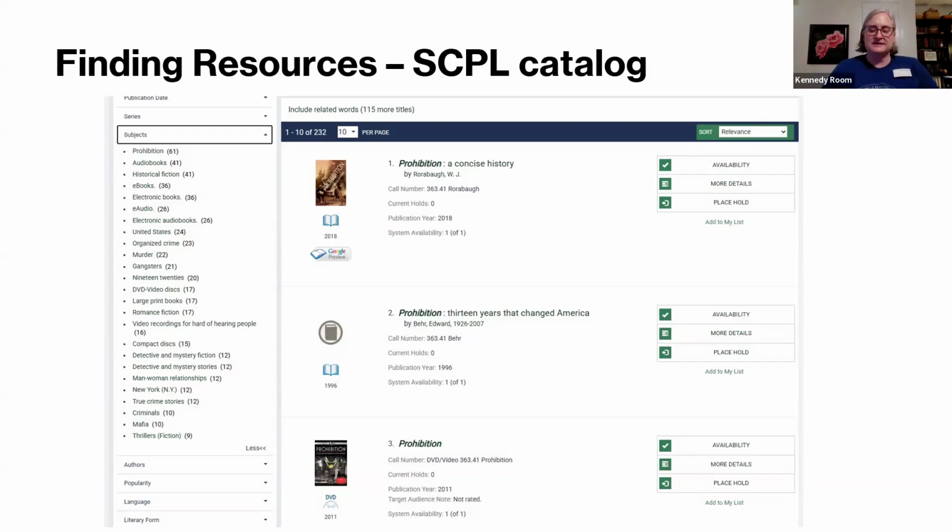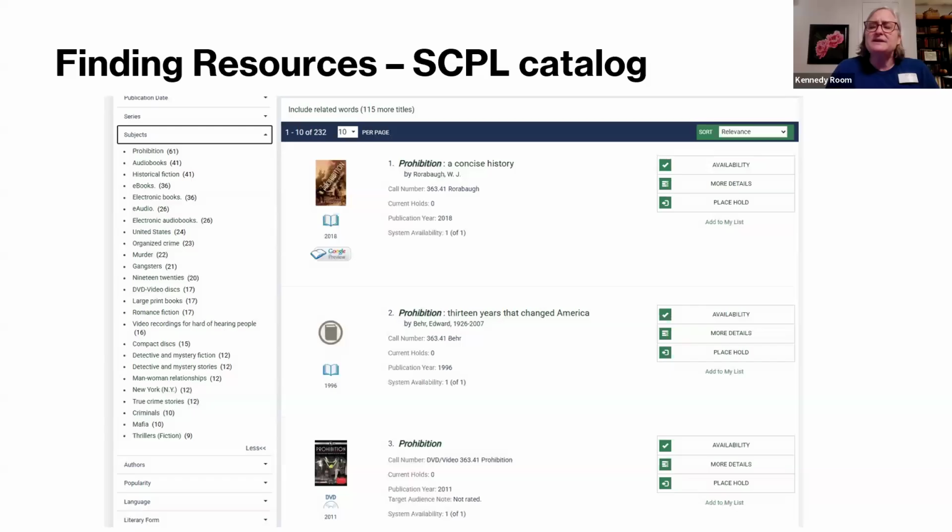Another thing you can do is look at what the Dewey Decimal number, or if you are in a library that uses Library of Congress, what the Library of Congress call number is for books in the topic that you're looking for. The way we put it in our Dewey Decimal System is 363.41 or similar numbers.